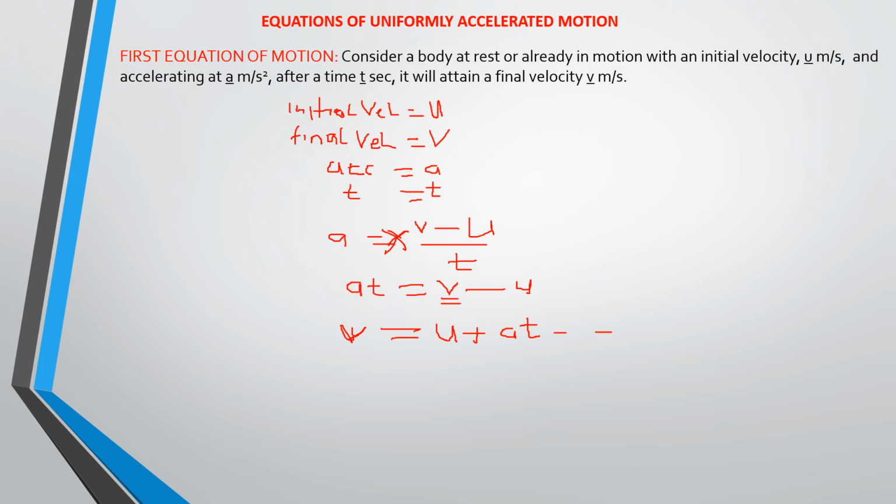So this equation is your first equation of motion. It's as simple as that. This is how to derive the first equation of motion from acceleration, which is change in velocity all over time, and then you do your cross multiplication and make v the subject of the formula, and you get your first equation of motion.